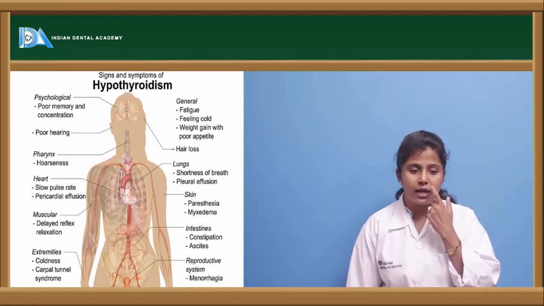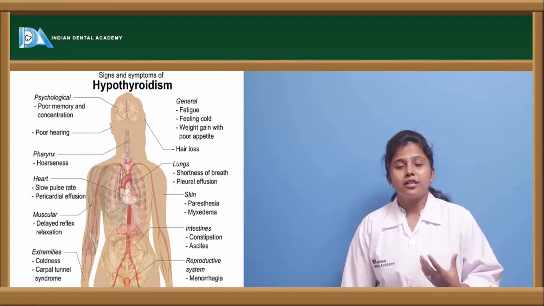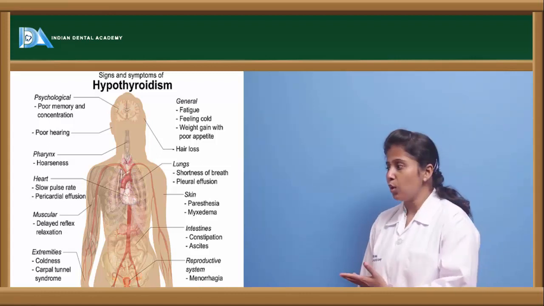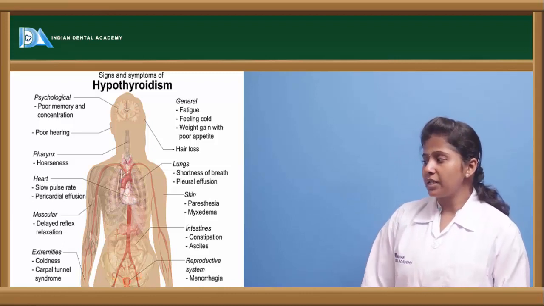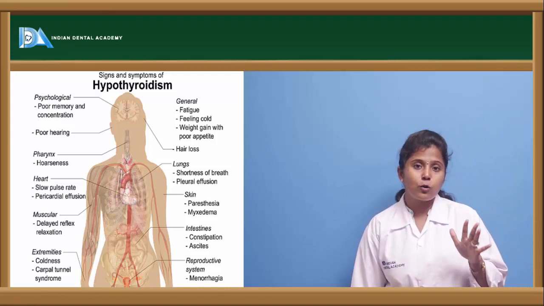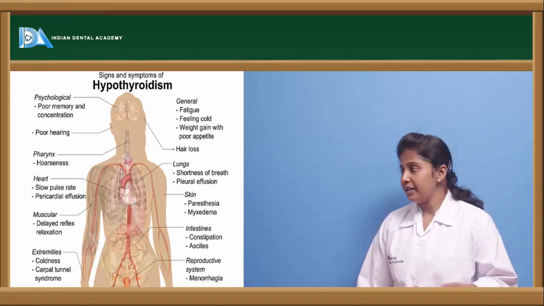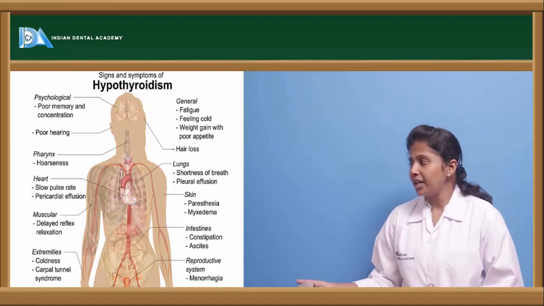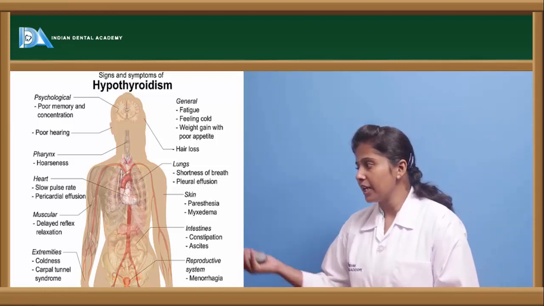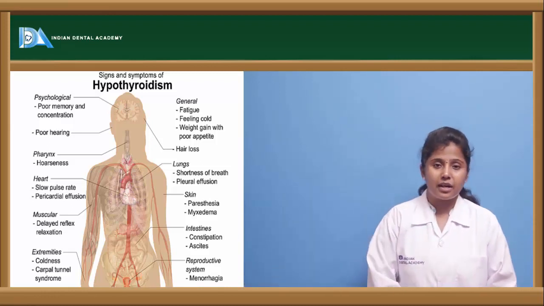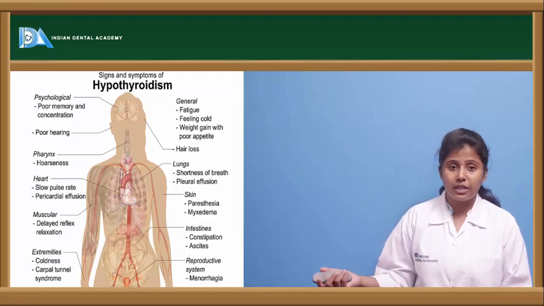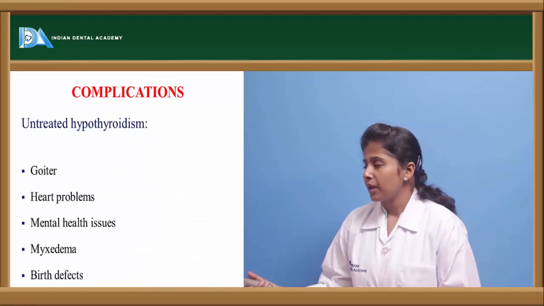The pumping capacity of the heart will be lowered, and in the extremities it leads to coldness. It causes numbness and coldness in the extremities like hands and feet, and it causes fatigue and shortness of breath, with difficulty in breathing, and various other signs and symptoms are observed in the hypothyroidism condition.